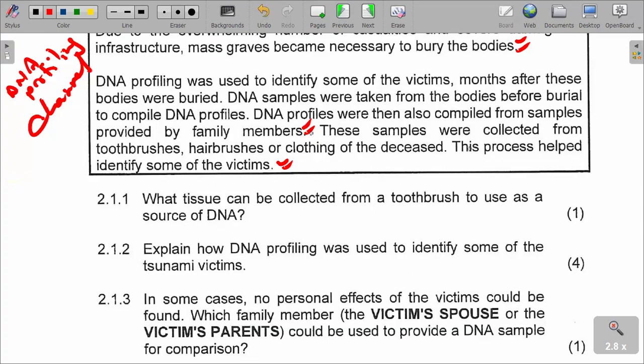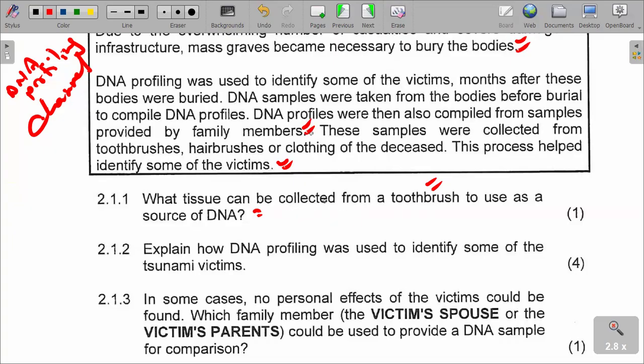The first question is saying: what tissue could be collected from the toothbrush to use as a source of DNA? When DNA profiling with other sources, the previous question that we answered was about sources of evidence of DNA profiling. So we can find the sources as saliva, hair, clothing, and so forth. So now, what are those that can be found there?